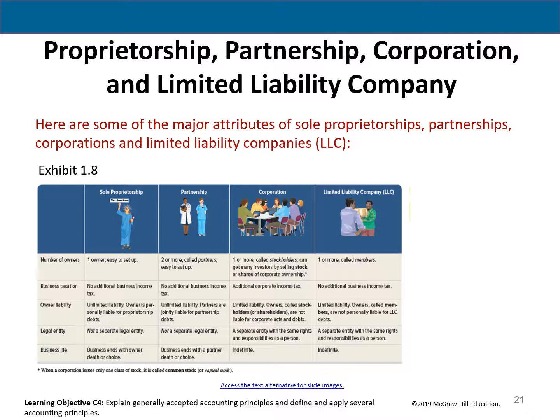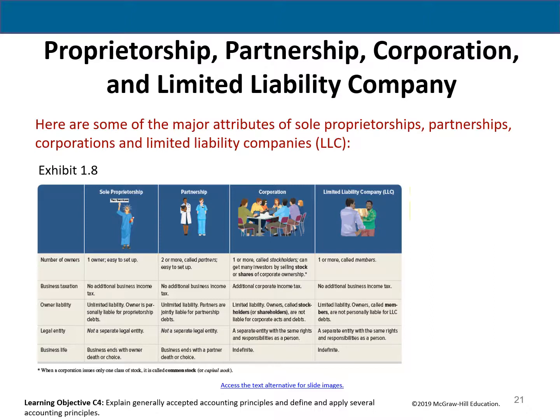It's probably one of the best taxed entities. The owner, though, has unlimited liability, meaning they're personally liable for any debts of the business. So if the business can't pay its debts, then the owner must pay them. And if the owner can't pay them, the owner files for bankruptcy.